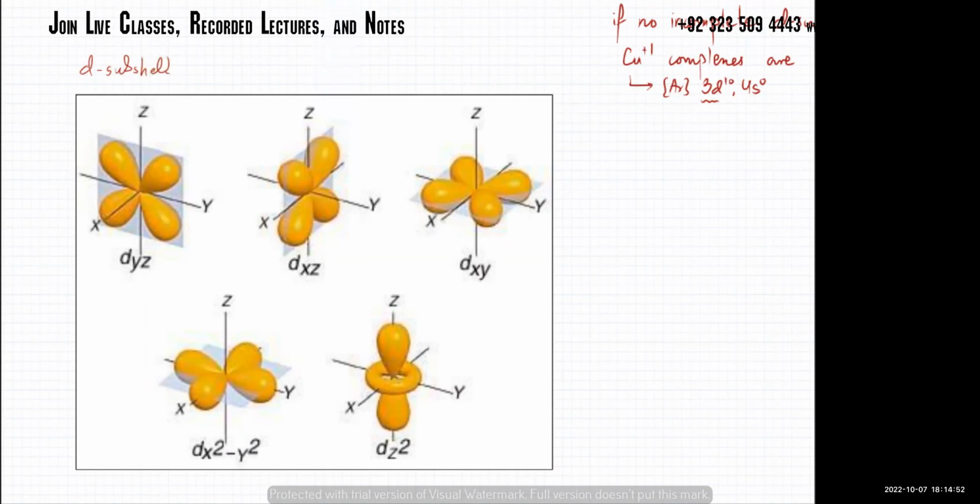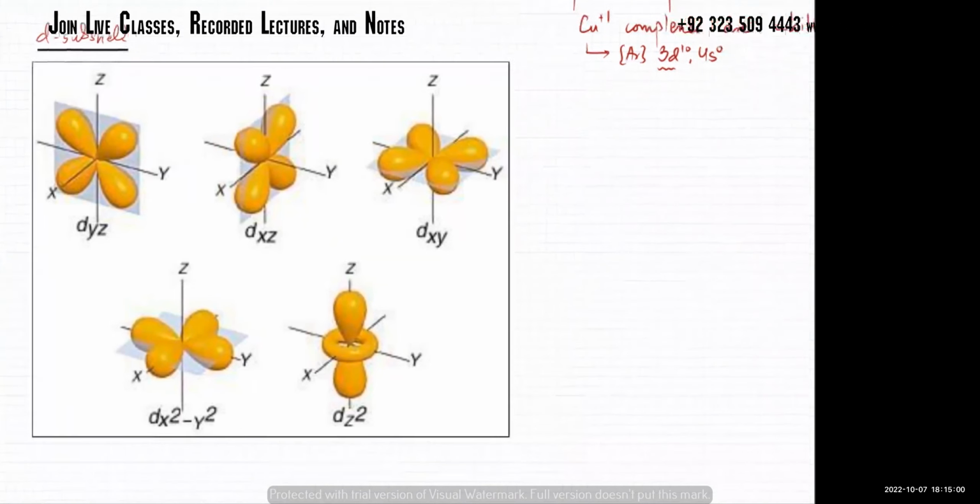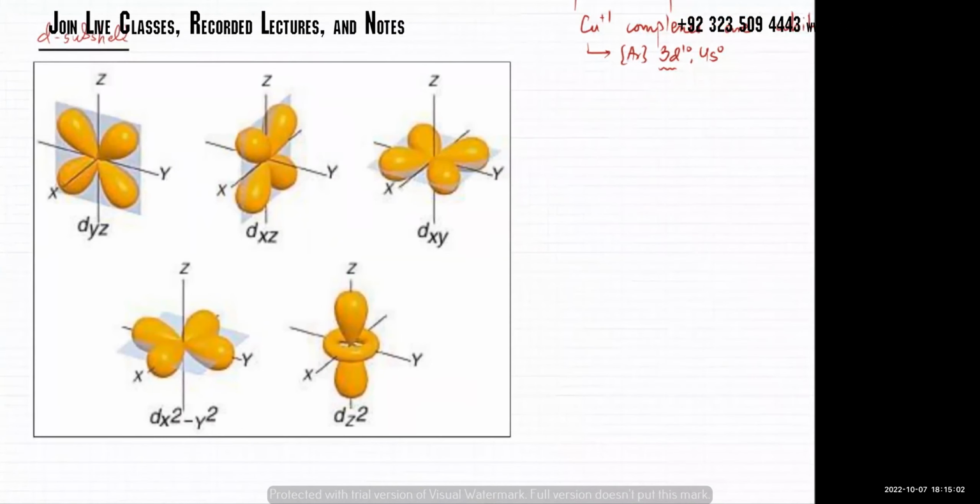And your d subshell has 5 different orbitals, and they're degenerate orbitals.